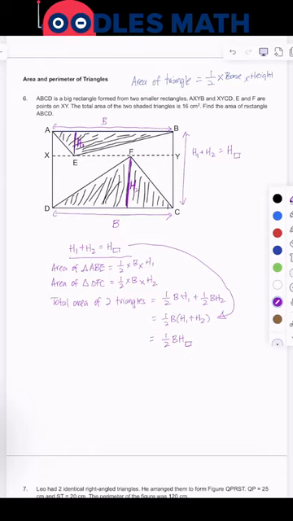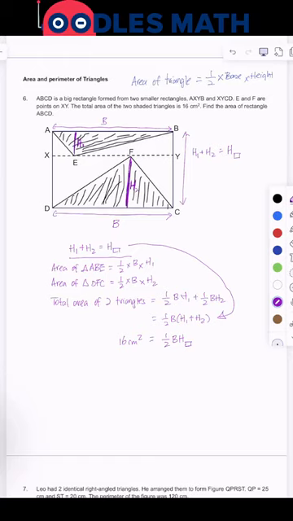Now can you see the link now? So once I have that, I know that the area of the two triangles is actually 16 square centimeters. And this 16 square centimeters is actually half the area of the whole rectangle.